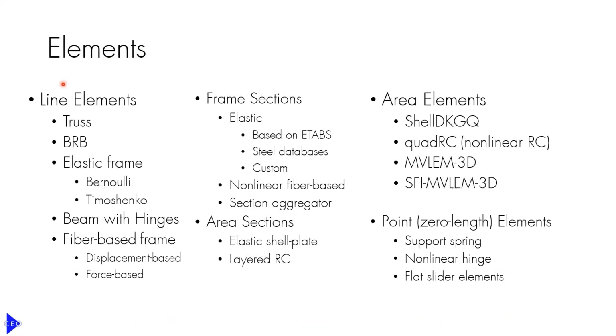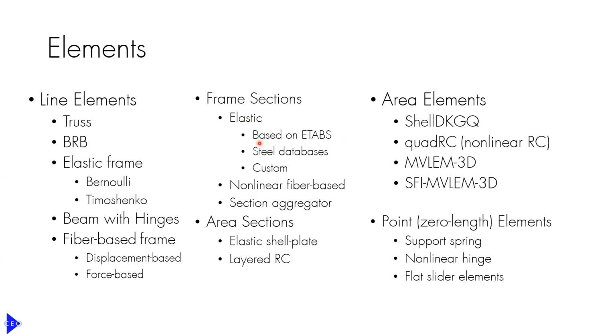In terms of the elements, there's different types of line elements. We have truss, VRB, and then we have two types of elastic frame elements, Bernoulli and Timoshenko. We have beam with hinges and fiber-based, which is displacement and force-based. In terms of the sections for the frames, we have elastic sections.